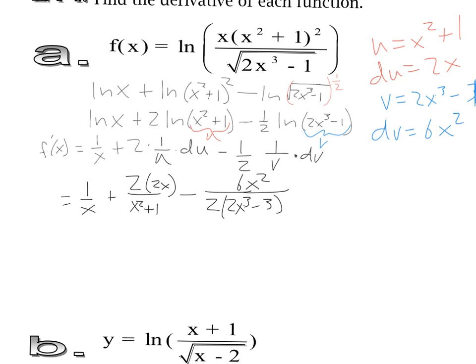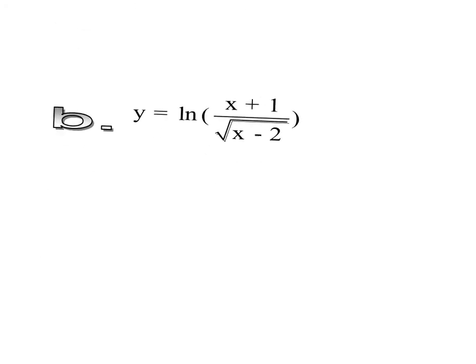Okay. At this point, you could simplify some things. I'm not really going to bother with that. The point is to show you that something super complicated like this can be broken down, and you can take the derivative simply. This is the derivative. It may not be simplified all the way, but it is the derivative. Let's go on to the next one.